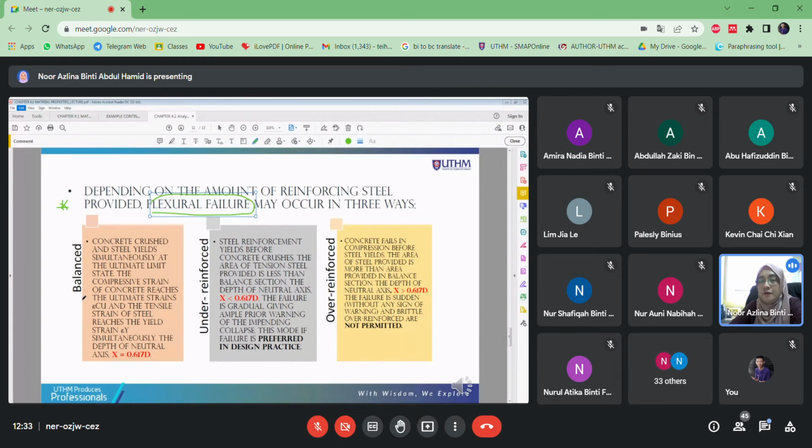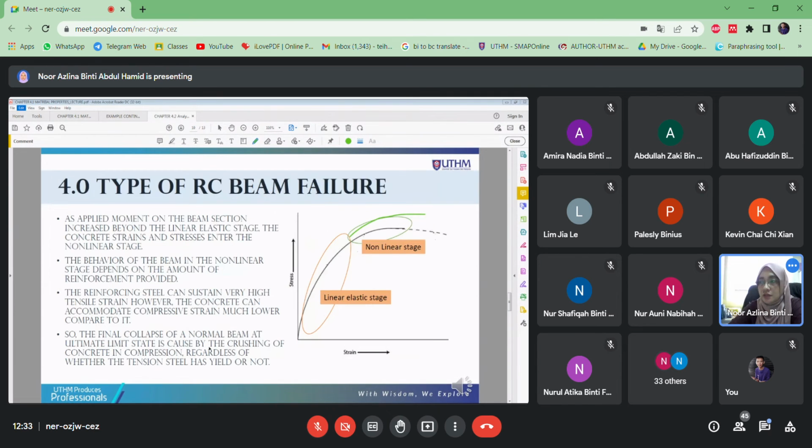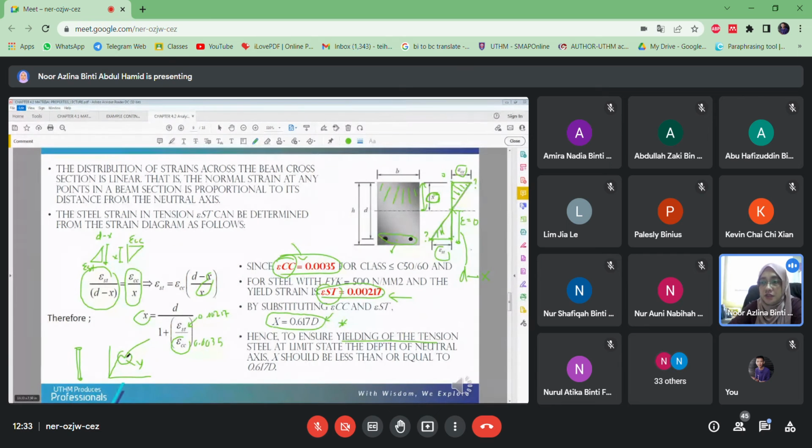We have beams designed as balanced sections, under reinforced sections, and over reinforced sections, based on this neutral axis value. Because we want to ensure that the steel reinforcement achieves its yield strength. That is the strength for steel, which depends on the yield strength.